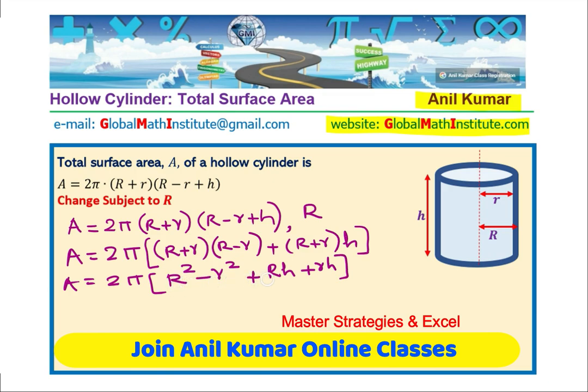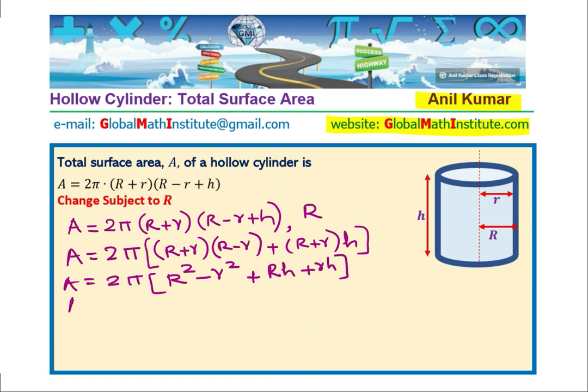Now this helps us get a quadratic equation in capital R. So let's isolate capital R. To do so, I'll prefer to divide by 2 pi first. So we get A over 2 pi equals R square plus R h, and the other terms are minus r square plus r h.